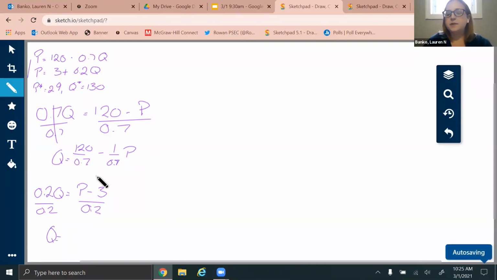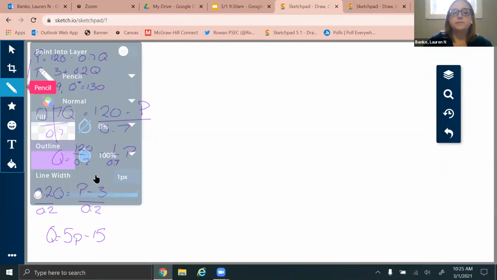This is similar. This is 1 over 0.2 P, but when you put that in your calculator, it actually comes out nice, as 5P minus 15. So again, I'm leaving this 1 over 0.7 here just so I don't have to round. If you round, that's no problem.